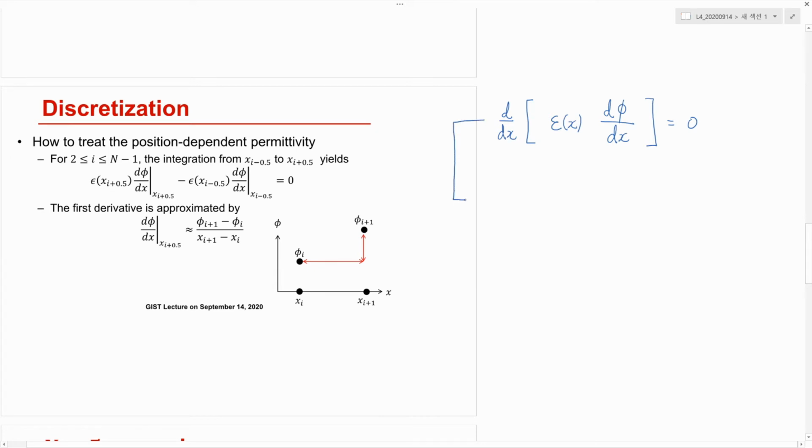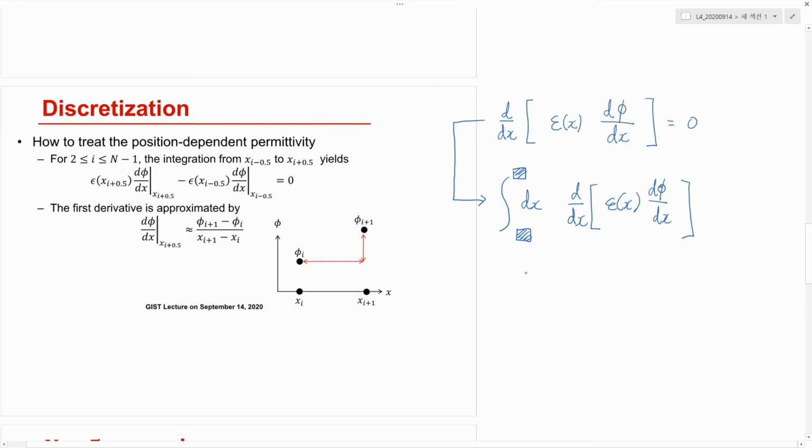So here we have an equation. This is written in the differential form. Then we will make the integration of this equation over a certain range. Let's say that there is a certain lower bound and upper bound of our integration. And now we want to make the integration of the equation itself.